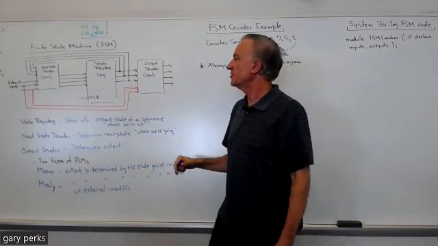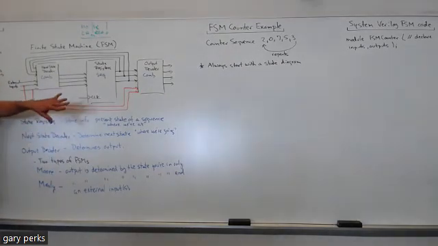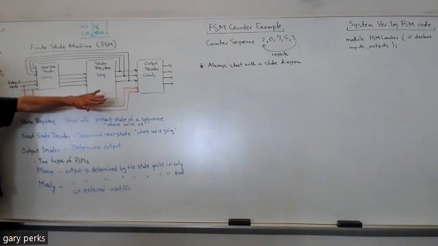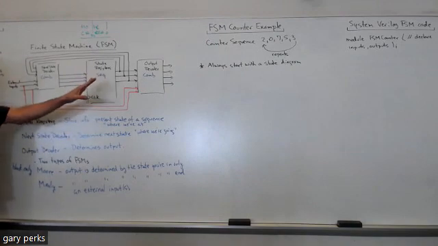The reason I did the color coding is that if it's a Moore, you just have everything in black, you don't have the red. If it's a Mealy, you have everything in black and you have the red.